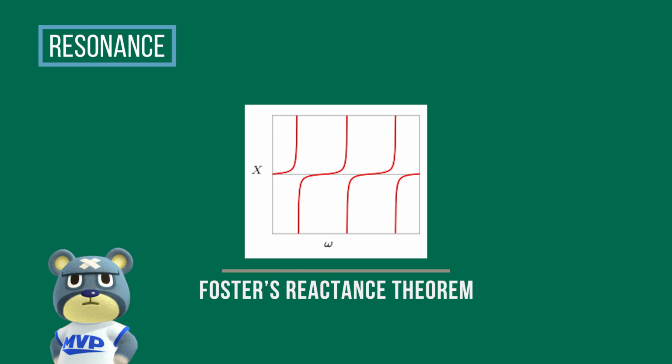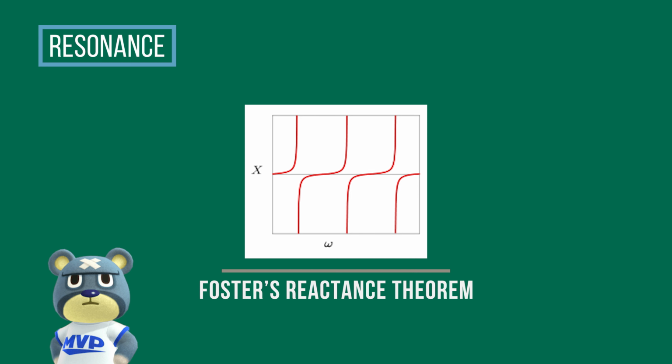Foster's theorem applies equally to the admittance of a network. That is, the susceptance of a passive lossless one-port monotonically increases with frequency. This result may seem counterintuitive, since admittance is the reciprocal of the impedance, but it is easily proved if the impedance is in this equation Z equals jX, where X is the reactance and j is the imaginary unit.